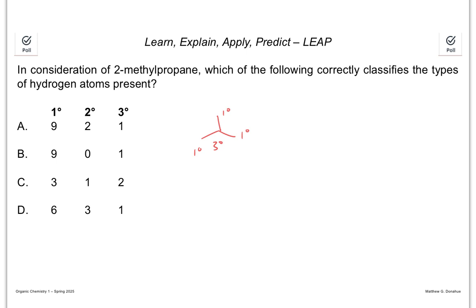So we said there were 9 primaries. That's going to eliminate C and D. There were 0 secondaries, so that eliminates A, and then we get B as our correct response here.